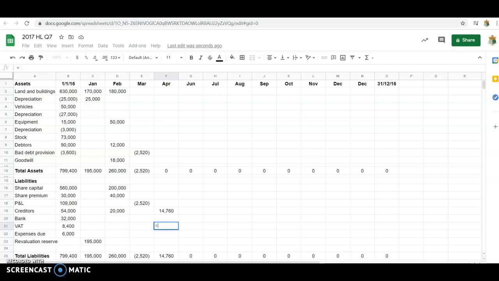So the 14,760 I said was 123%, and the VAT amount then is just the 23%. So divide by 123 and multiply by 23. That's 2,760. All right. So that 2,760 is money that you can claim back.